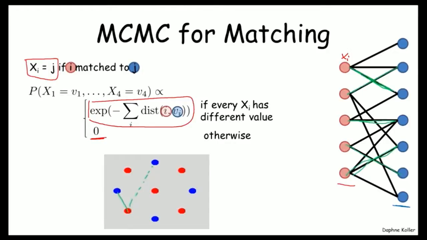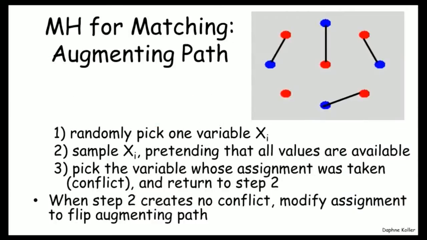And so those assignments where a red dot is matched to a previously taken blue dot are going to have very low probability, 0 probability in fact. And so those are going to be impossible. So the only thing I can do is make the red dot match one of the unmatched blue dots. And that's going to take a very long time for things to change.